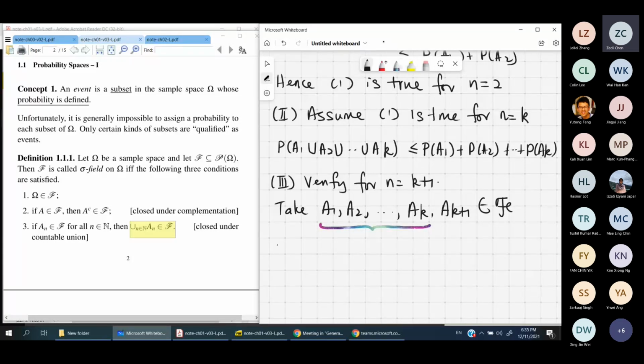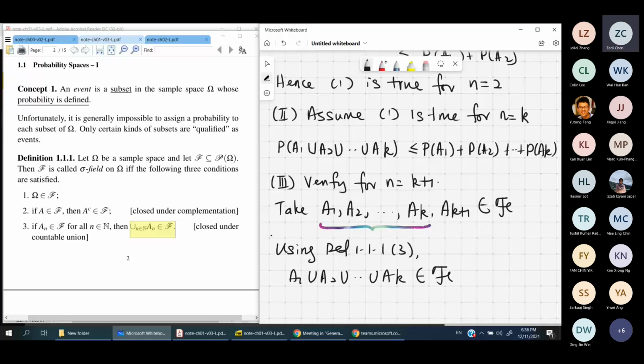Okay, then we're using the definitions, part 3, 1.1.1, part 3. And all these are events. Then we can see that A1 union A2 up to AK must be an event.